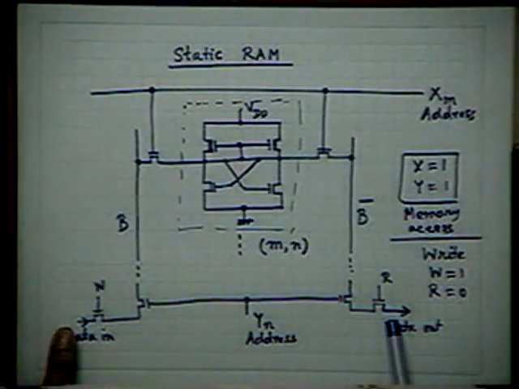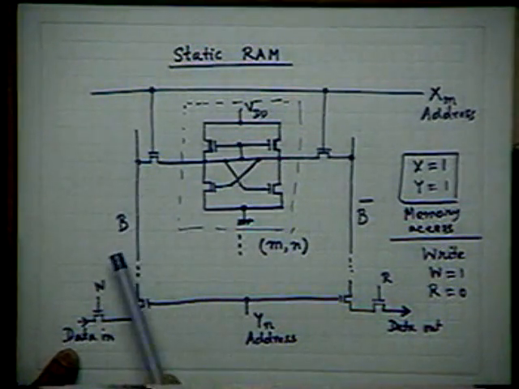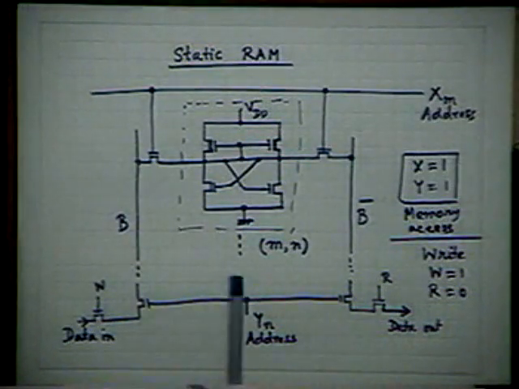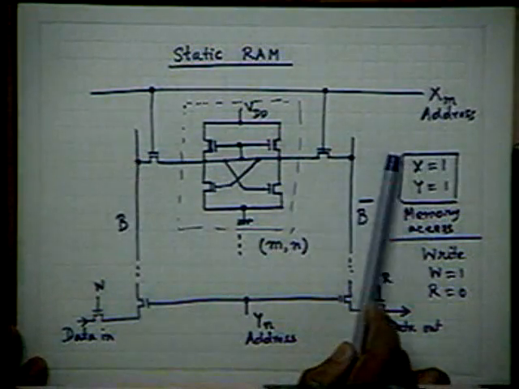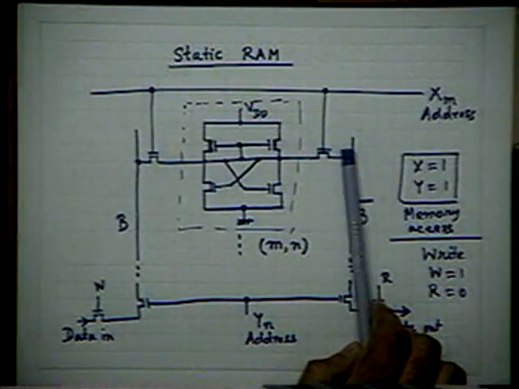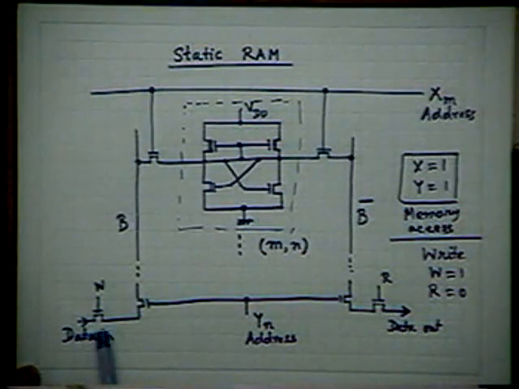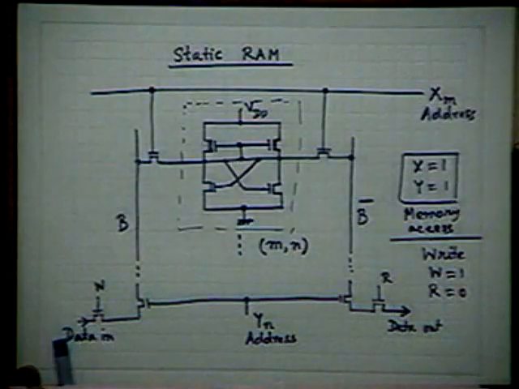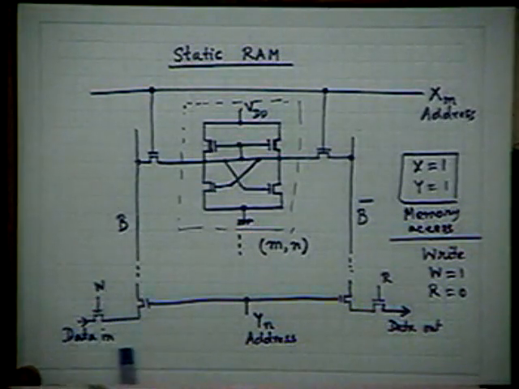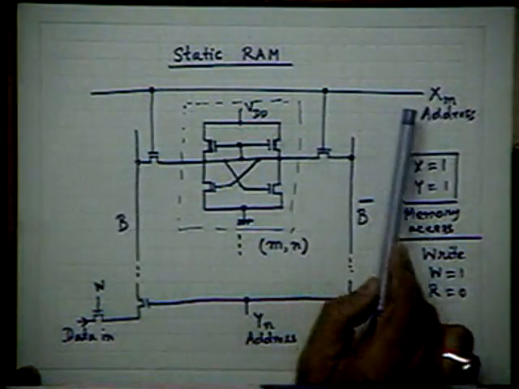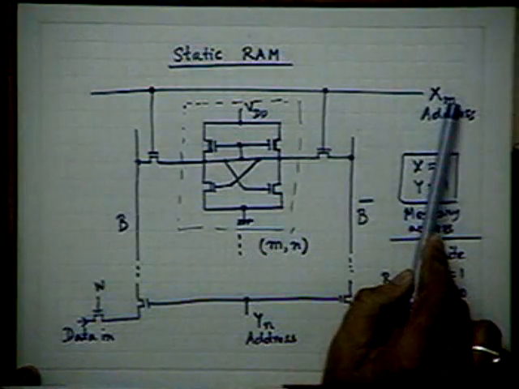All right. Now suppose, due to some reason, the earlier state was B equal to 0 and B bar equal to 1. Now you are making data high, 1, and W 1. Suppose Xn is still kept 0.